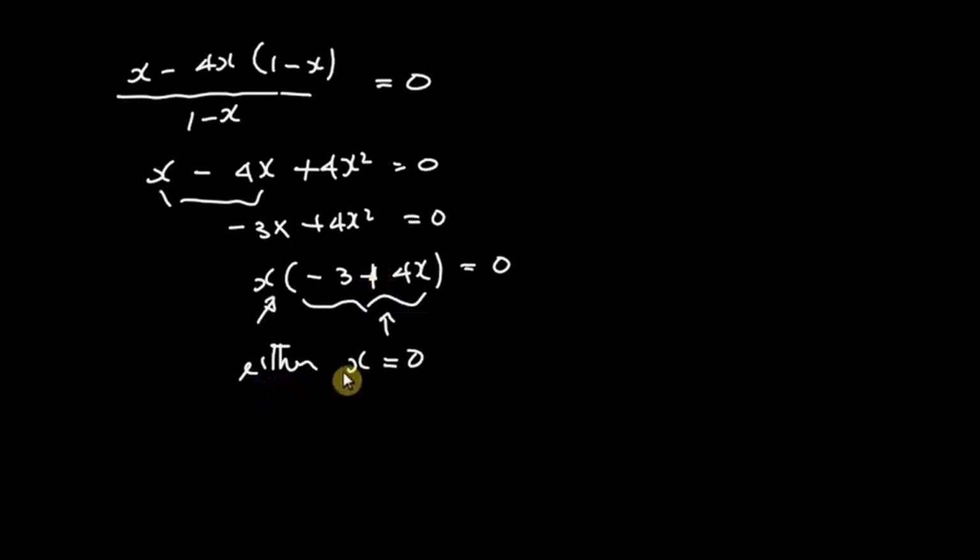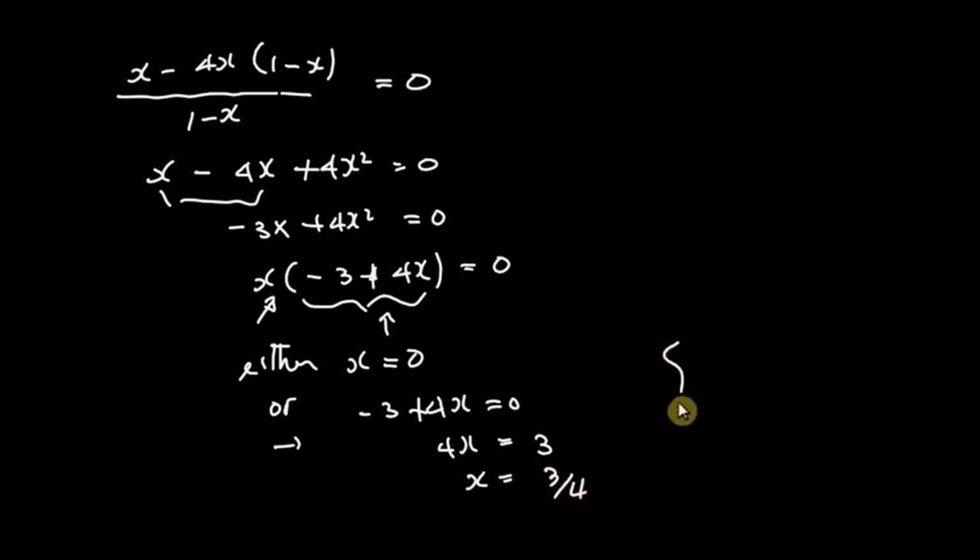So we say either x is equal to 0 or negative 3 plus 4x is equal to 0, which would give 4x is equal to 3, or x is equal to 3 over 4. So the two answers are 0 and 3 over 4.